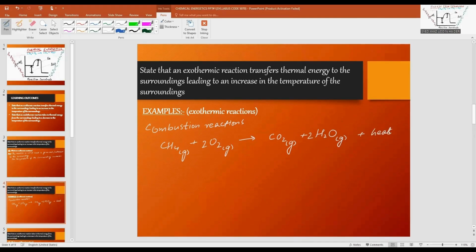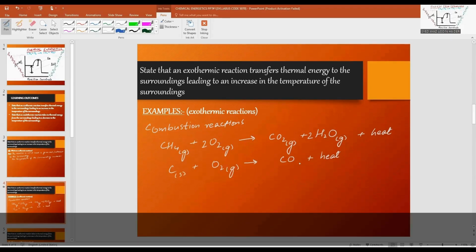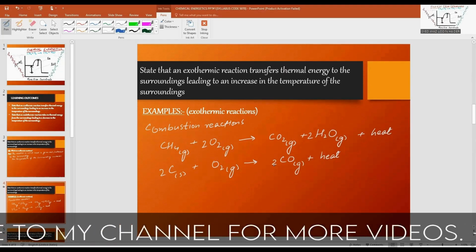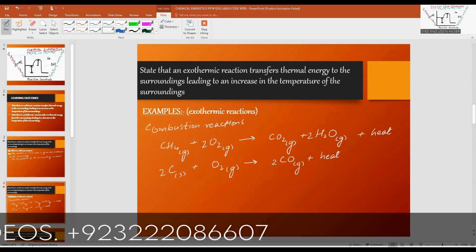Burning of carbon, state symbols, and this equation needs to be balanced. The last equation is about the respiration reaction.